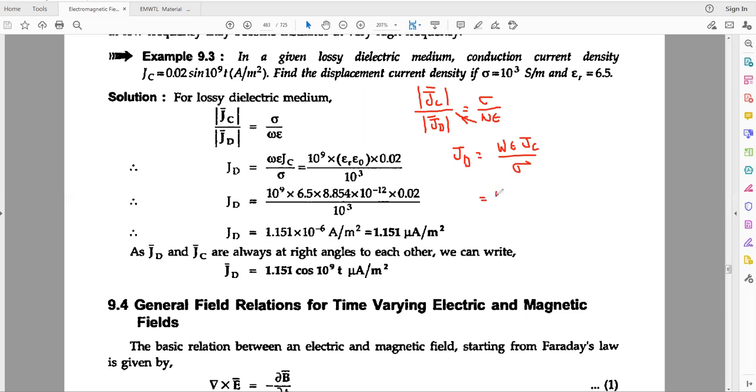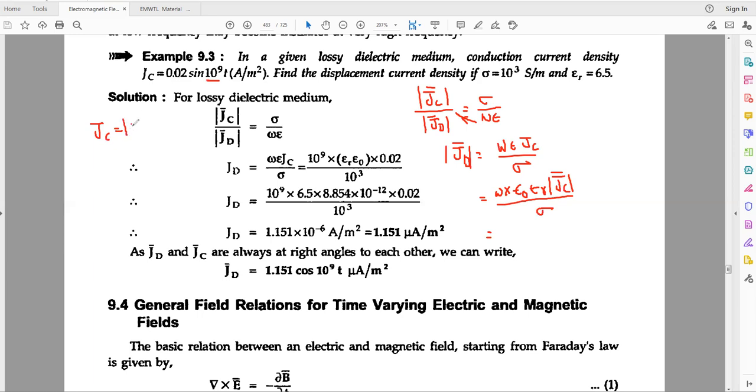Omega epsilon, and epsilon is epsilon naught and epsilon r, and JC whole divided by sigma. Then the magnitude of JD bar here, and here also JD bar, JC bar. And omega, what is the omega here? Sine omega t. This is a function of sine omega t. JC is equal to the given.